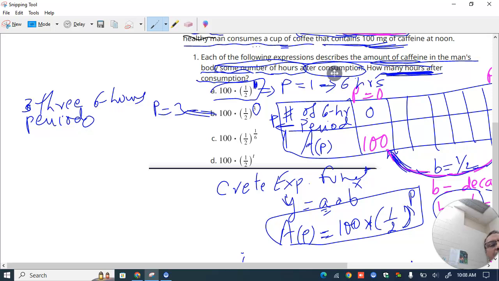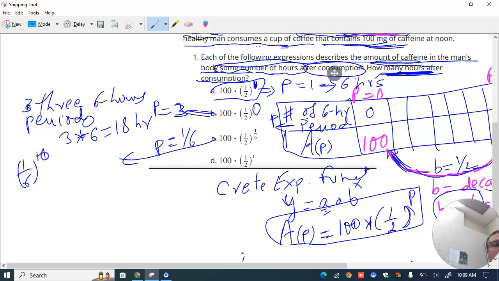It means the total number of hours is 3 times 6 hours, which is 18 hours. That's all it means. This basically means P is 1 over 6, so 1/6 of a 6 hour period. That means it is 1/6 of 6, which is 1 hour.